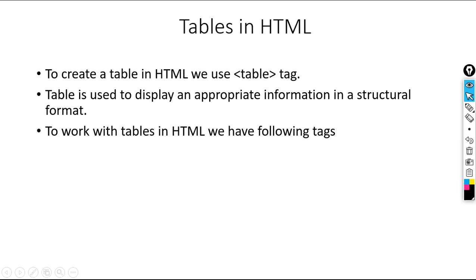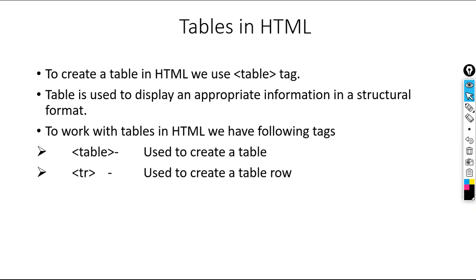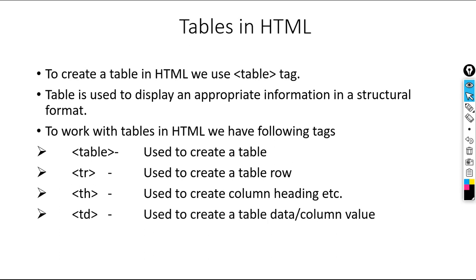To work with tables in HTML we have the following tags. The table tag is used to create a table. The tr tag is used to create a row of the table. The th tag is used to create a column heading. And td, nothing but table data, is used to create table data, or a particular column's value.